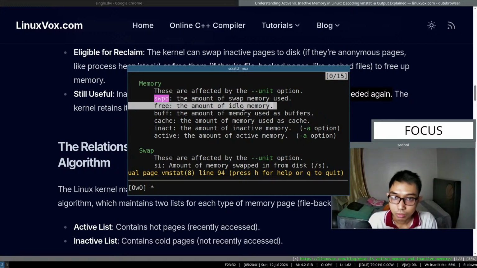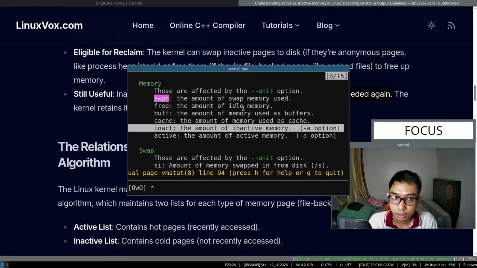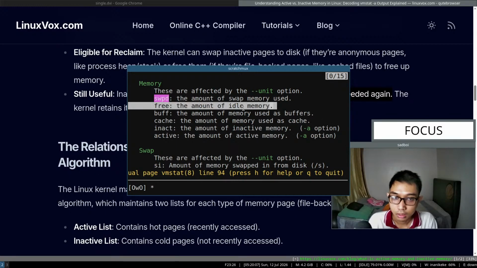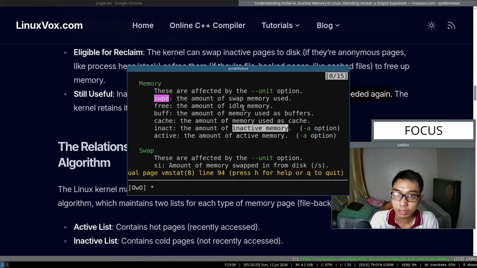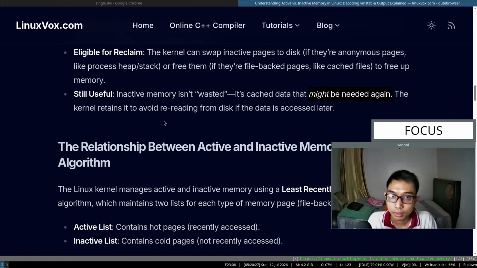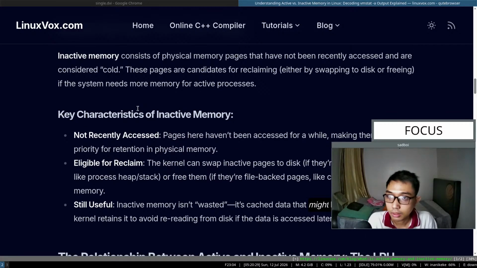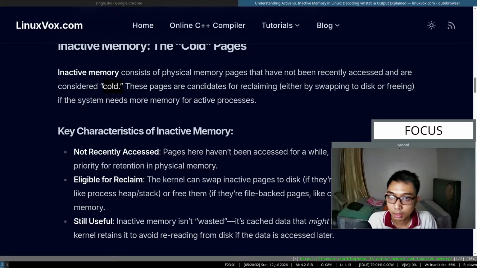So maybe that is the difference between inactive memory and idle or free memory. If it is free memory, then we are not using that memory at all. But inactive memory is like maybe a cold cache or something like that.